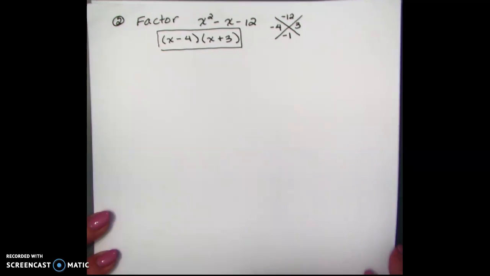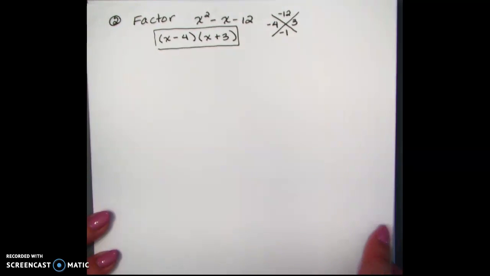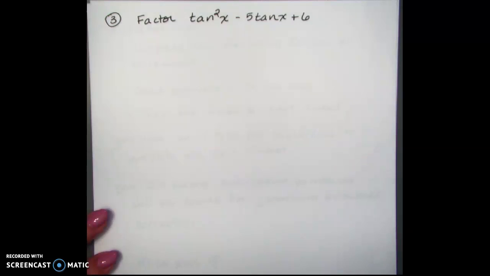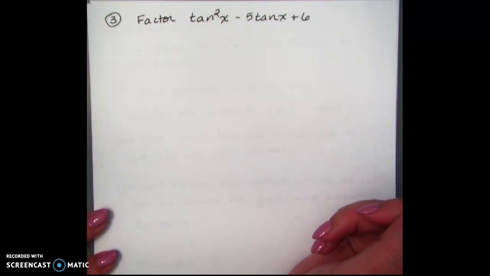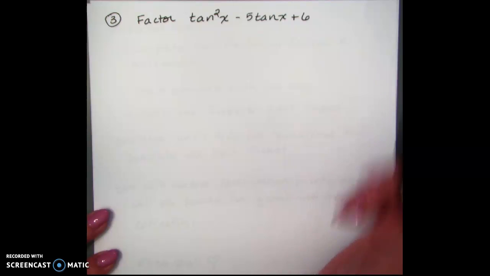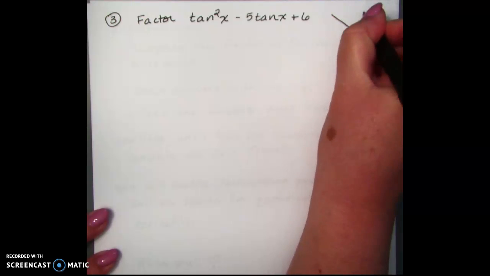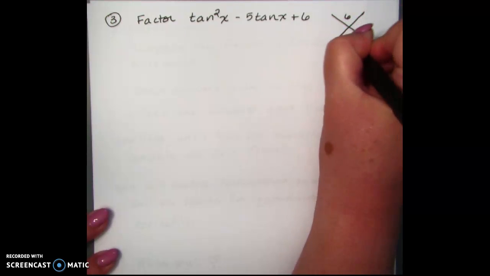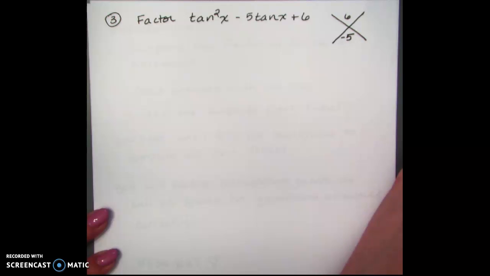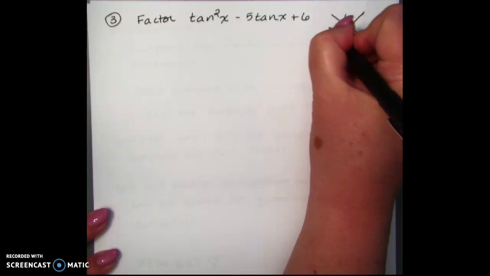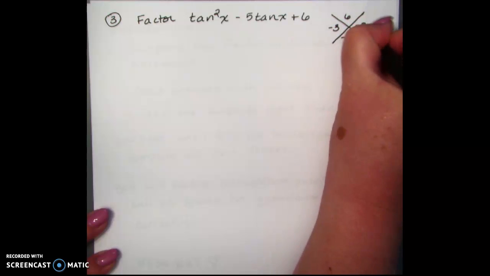All right, moving on to question number 3. We're going to factor tangent squared of x minus 5 tangent of x plus 6. All that changes is what your variable looks like. Instead of a variable of x, we have a variable of tangent of x. So we can still do the big X, which says what multiplies to give me 6 that adds to give me negative 5. That would be negative 3 and negative 2.